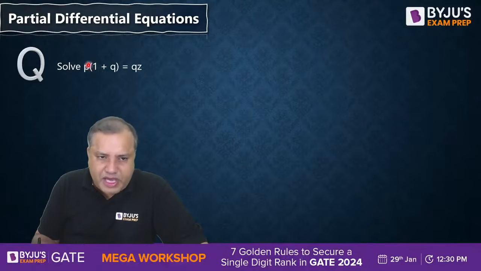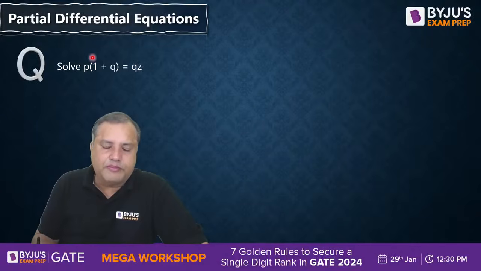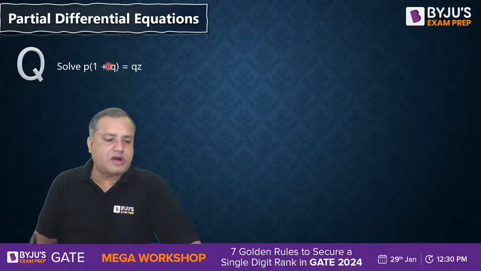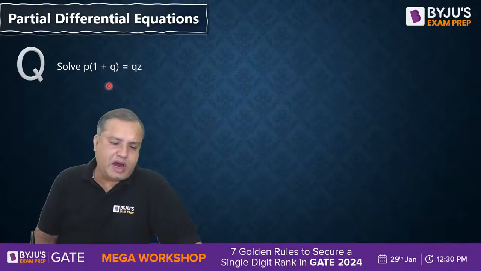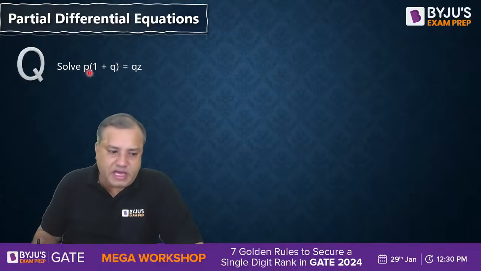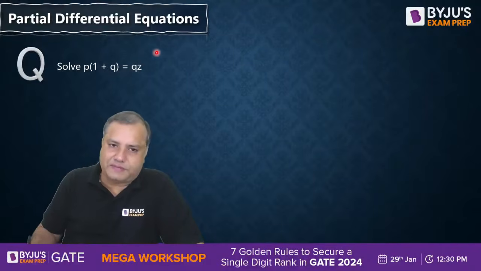P is multiplied with Q, so this is a non-linear first order PDE. But it has three parameters, P, Q and Z.